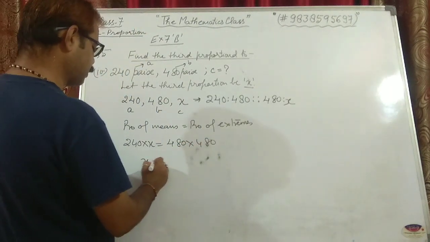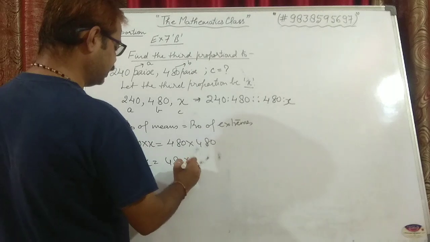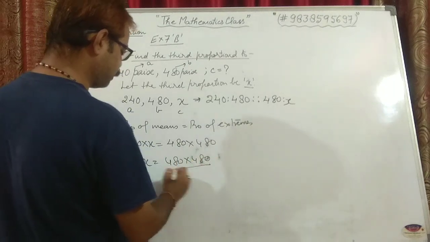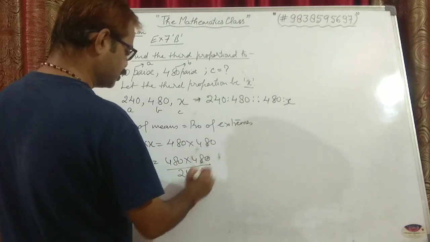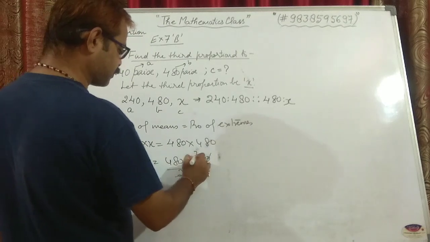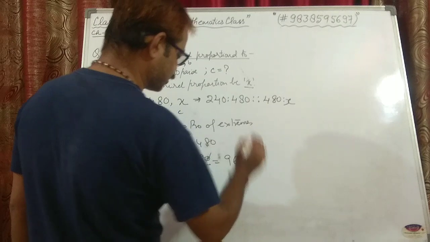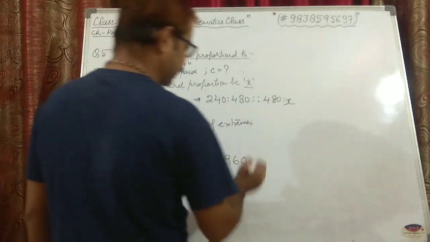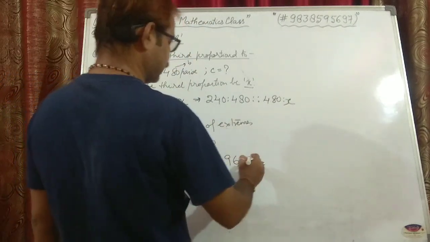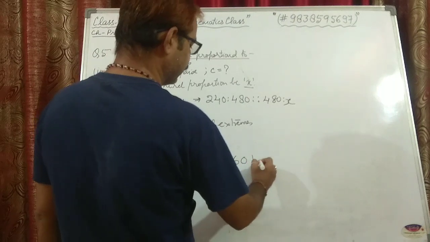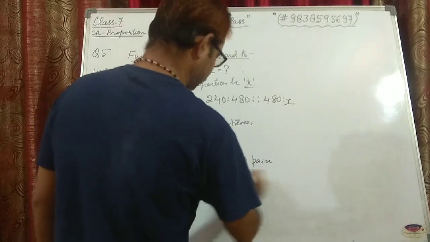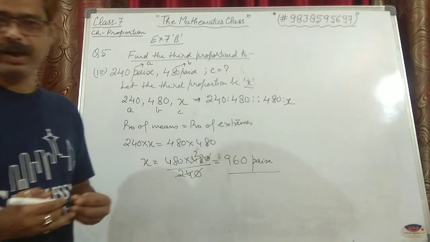So X will be equal to 480 into 480 upon 240. 0 0 cancel, 24 2s is 48, 48 2s is 96. So 960. That is the final value. But since the question was given in money, you can write paise. That is the final value.